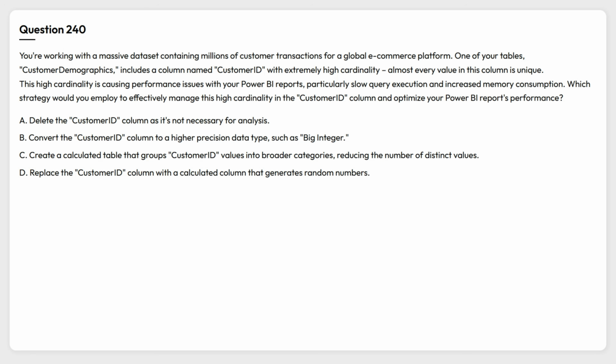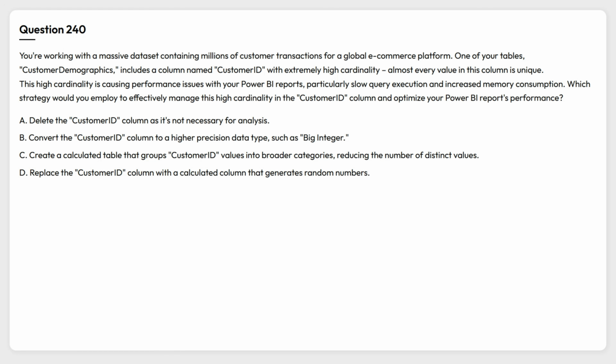Question number 240. You are working with a massive dataset containing millions of customer transactions for a global e-commerce platform. One of your tables, customer demographics, includes a column named customer ID with extremely high cardinality. Almost every value in this column is unique.